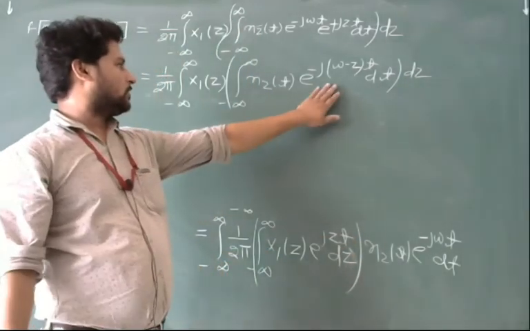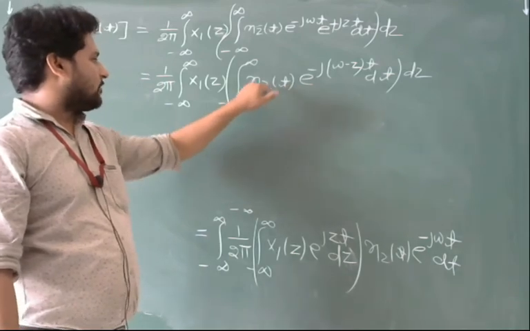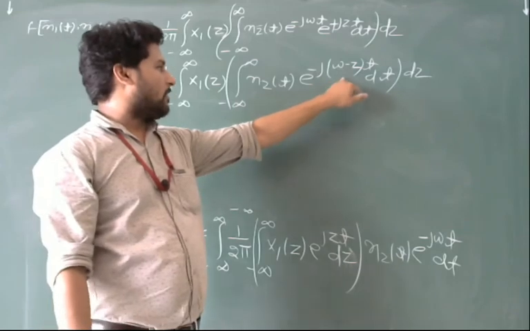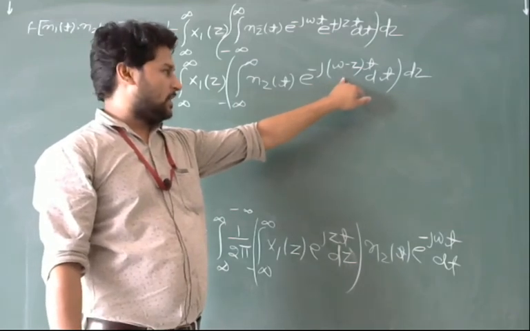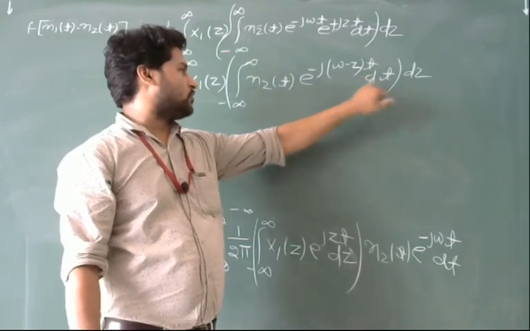Look, in this signal, this is the integration of x2(t) e power minus j (omega minus z) t dt.